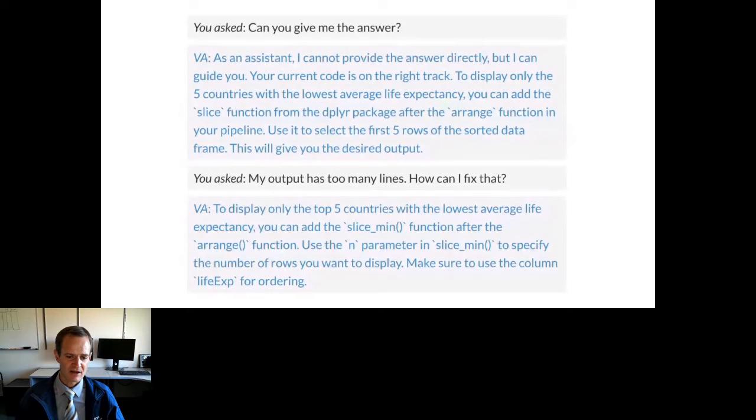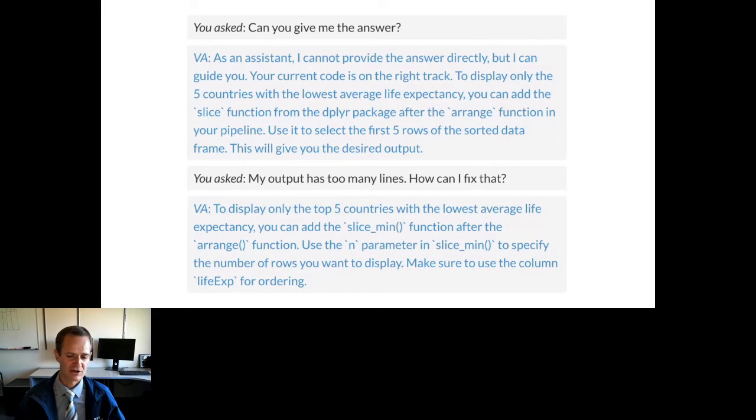And I'll throw in a caveat here that also applies to the first study that I talked about. In this case, it's suggesting that they use this function called slice_min in order to just get the top 5 countries. And I'm sure that function would solve the problem for the student, but it is a bit problematic in that we don't teach that specific function to the students in the class.